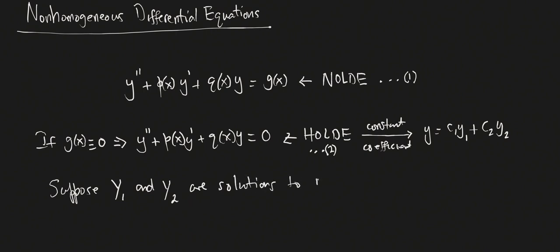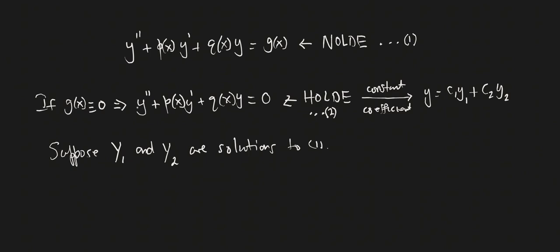to equation 1. Well, let's write down what that would mean. It would mean that if, for instance, I take my big Y1 and I differentiate it twice, and then I take P of x and multiply it by big Y1 prime, and then add to that Q of x times big Y1, no derivative there, and if I did this, I would get g of x.